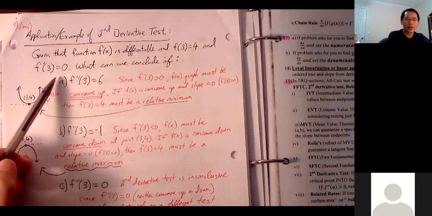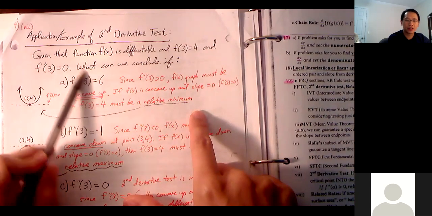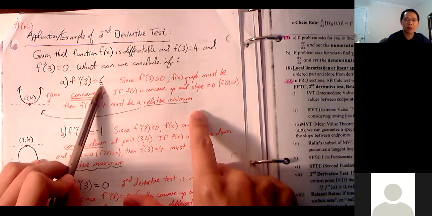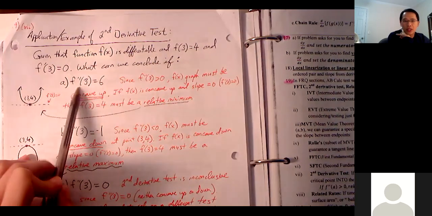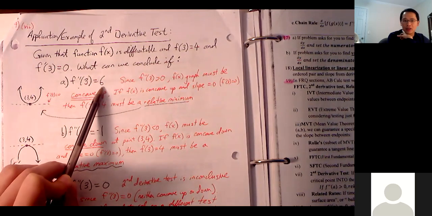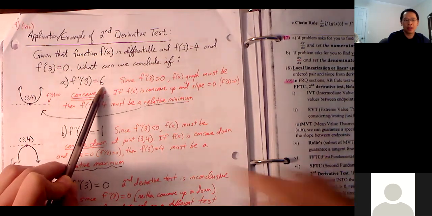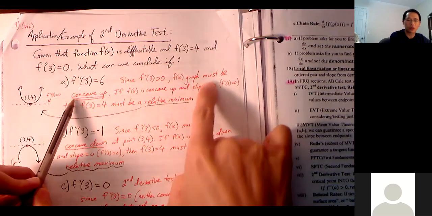So now the next step that we can take is, rather than using a sign line, let's say we plug that 3 into the second derivative function, and in return we get a positive 6. From these two pieces of information alone, we can conclude what type of relative extrema is happening here. Now 6 is a positive value, and a positive value for a second derivative corresponds to concave up.